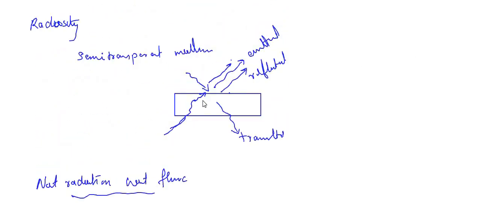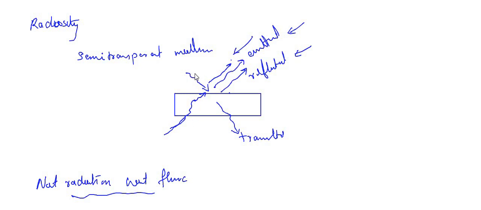Now next is the net radiation heat flux. Okay, I just forgot to explain one thing. In the case of radiosity for a semi-transparent medium, you will have the reflected portion, whatever is emitted, and the small portion that is transmitted.